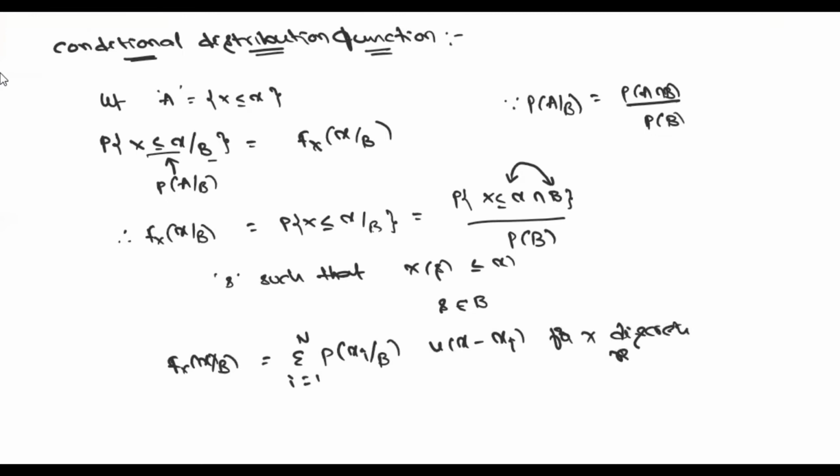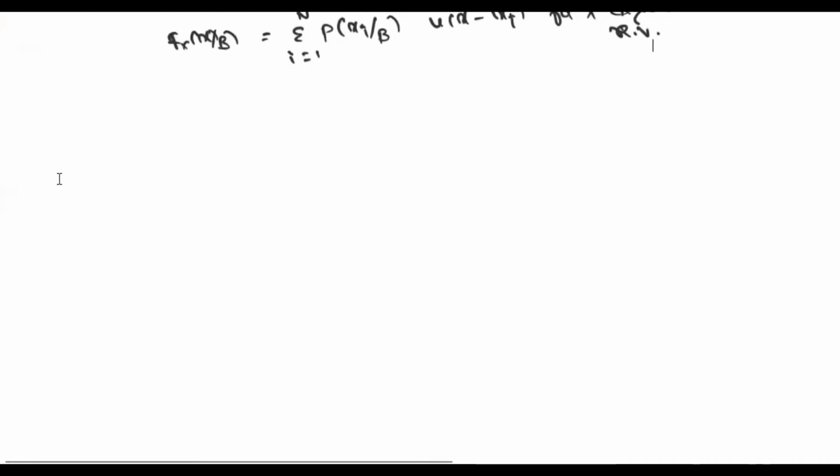If you go for the properties of the conditional distribution function, you can take all the properties from the simple distribution function. As per the simple distribution function, the property is F_X(minus infinity) is equal to 0. Here also you can take F_X(minus infinity|B) is equal to 0. We have already discussed the description of all these conditions in the previous videos while discussing the properties of distribution function, so you can apply the same for this also.